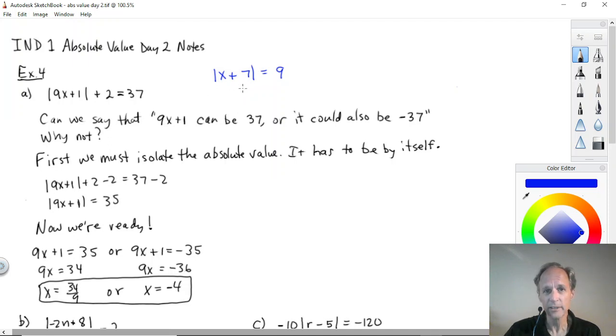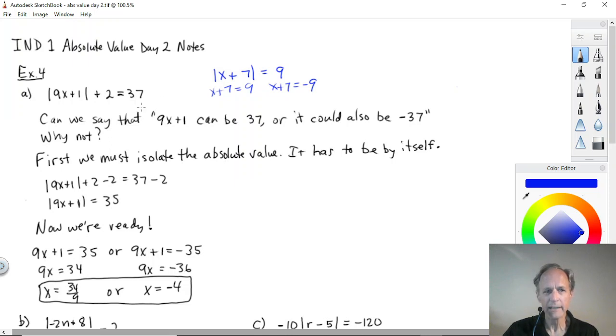Well, you see, the reason we could do that before was there was nothing else with it. And looking at this example, we would say, whatever's in there, that could be 9, or it could be negative 9.